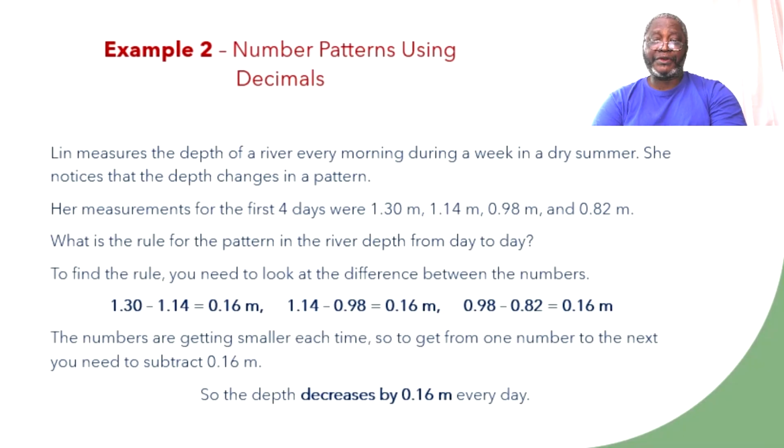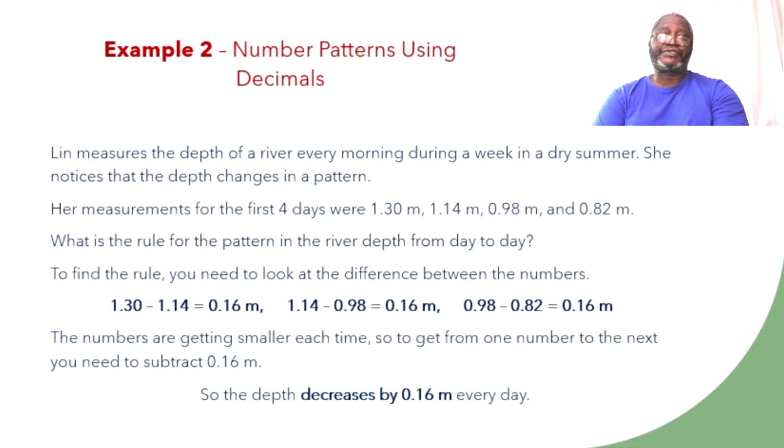Again, the difference is 0.16 meters. You begin to see a pattern. Next, you take 0.98 meters and subtract 0.82 meters, and the difference is 0.16 meters. So it's reasonable to assume that it's going down by 0.16 meters. And then your answer, sensibly: the depth decreases by 0.16 meters every day.